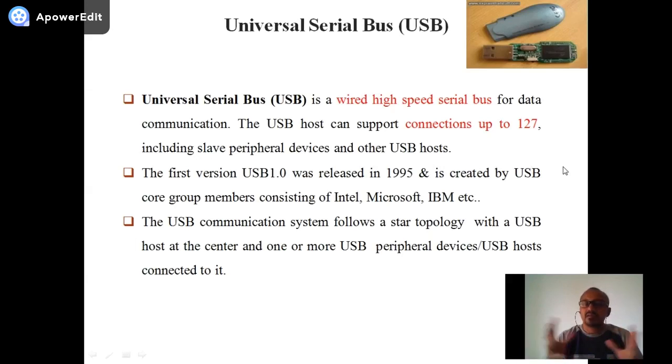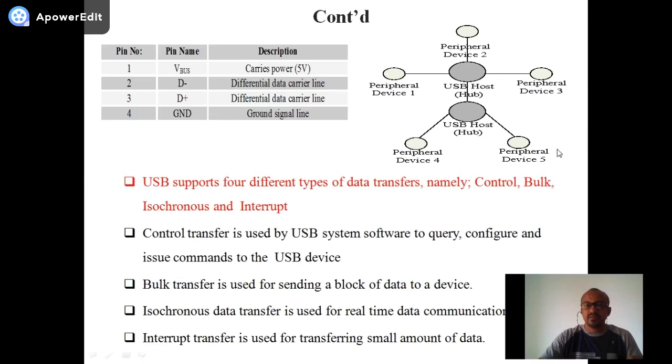A core group of members like Intel, Microsoft and IBM and a few other companies made a team to develop this protocol, and it was released in 1995. The USB communication system follows a star topology with a USB host. You will get a clear idea when you see this diagram. So there is a host, and then the peripherals are connected to that host.